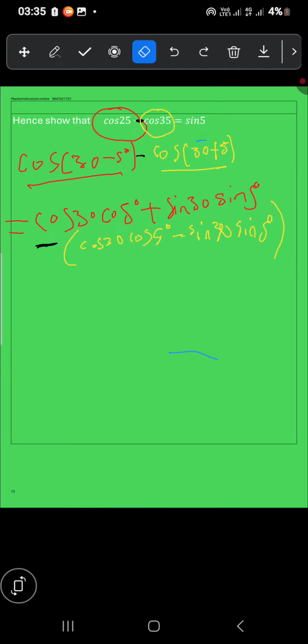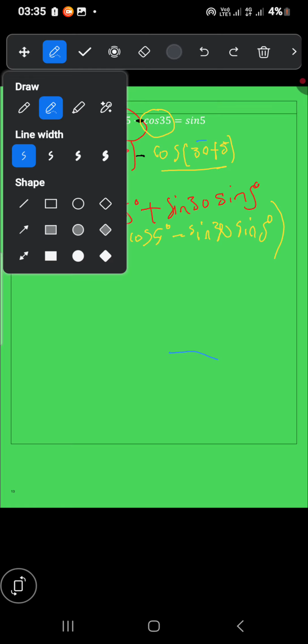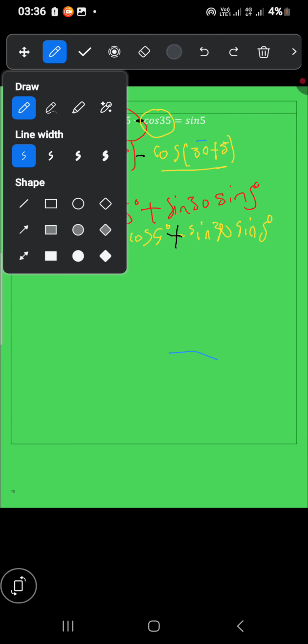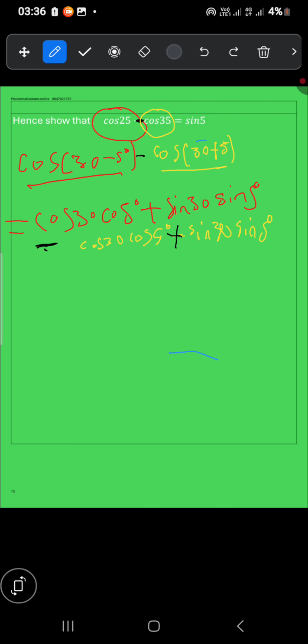So this will turn into a positive when you multiply with this negative here, and the brackets are gone. Now this and that will subtract.